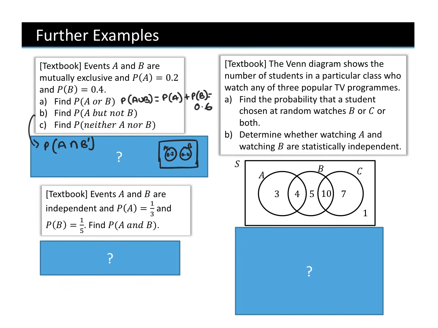What do probabilities add up to? 1. So there's 0.4 on the outside. So where is A? A is here. A intersection not B, not B is on the outside. So that means the answer is just 0.2.